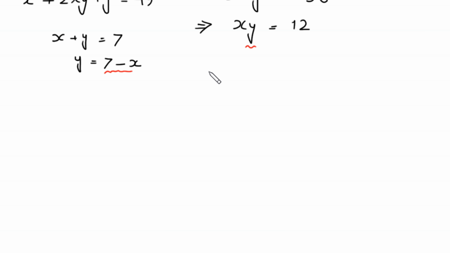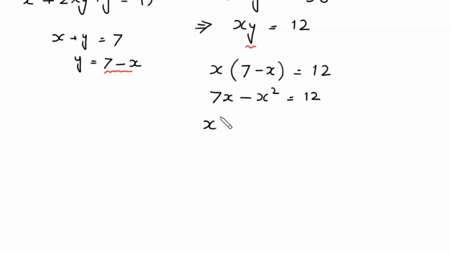Then this equation becomes x times the value of y, which is 7 minus x, is equal to 12, and x times 7, 7x, x times negative x, negative x squared is equal to 12. Now we move this negative x squared and this 7x to the right side. Then this equation becomes x squared minus 7x plus 12 is equal to 0.